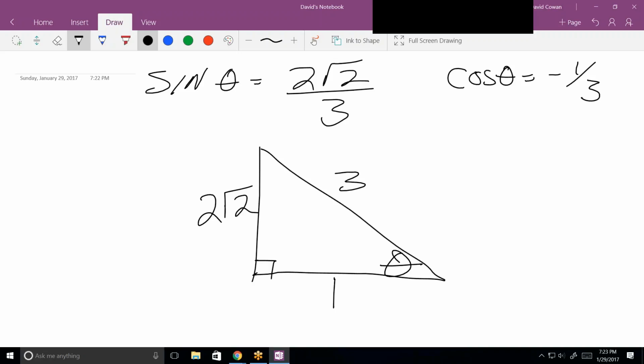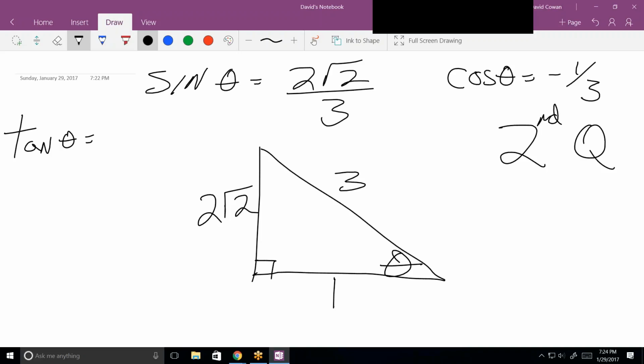Forget the negative sign on that also for the moment. Now we're going to look at both functions and figure out what quadrant we're in. Quadrant 2. Okay. Now we'll be able to do all of them based on the fact that we're in quadrant 2.